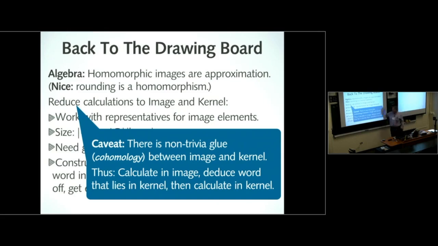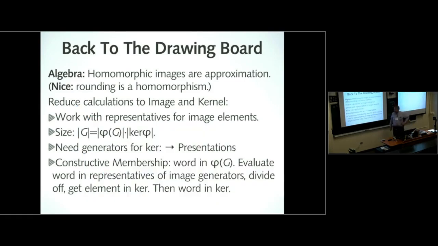But what one can still do is calculate in the image, which gives us an element which has a trivial image, that will lie in the kernel, and then we do a calculation in the kernel. In these cases, for example, the order of the group is the order of the image times the order of the kernel.